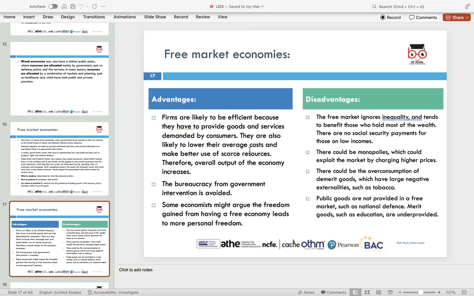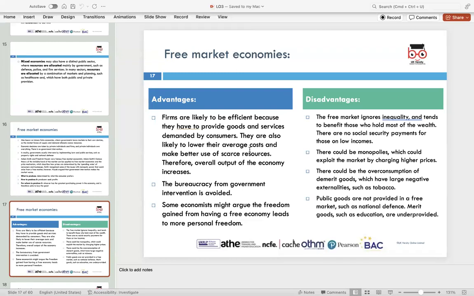Consequently, the whole production of the economy reaches a higher level. It is possible to prevent the bureaucracy that arises from government actions, and some economists argue that the freedom obtained by having a free economy leads to an increase in personal freedom.